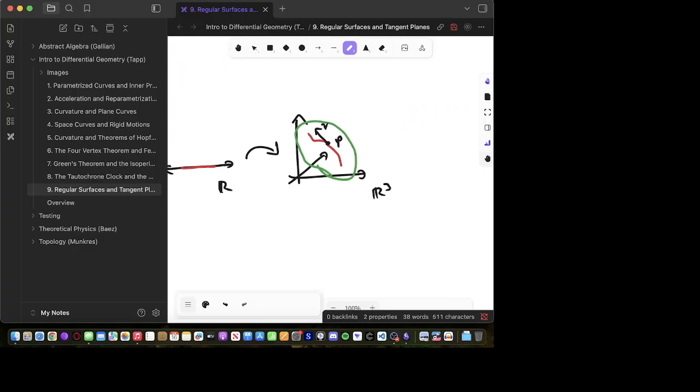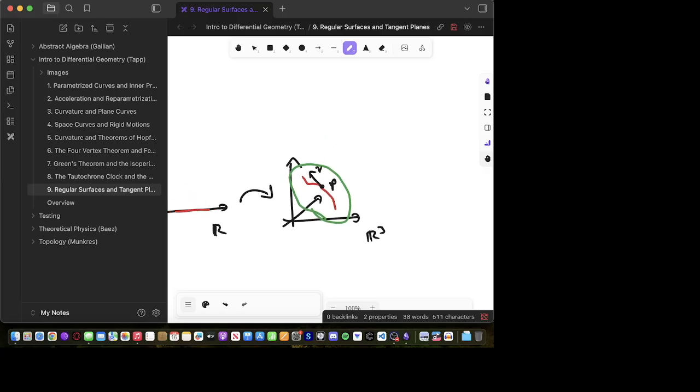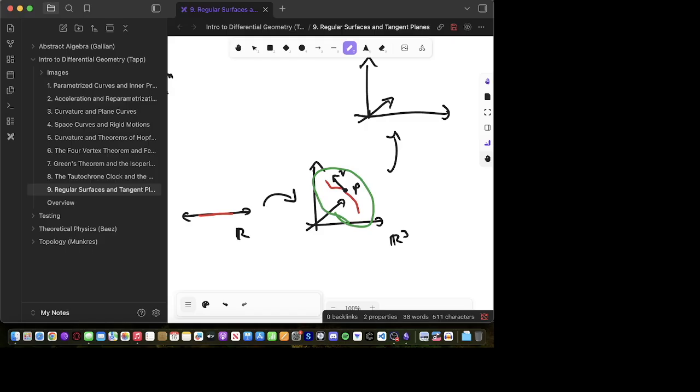And if we take the function f, let's say we take the point P, it just maps to some point in Rn. I need to emphasize this is Rn. The trace ends up being some curve.